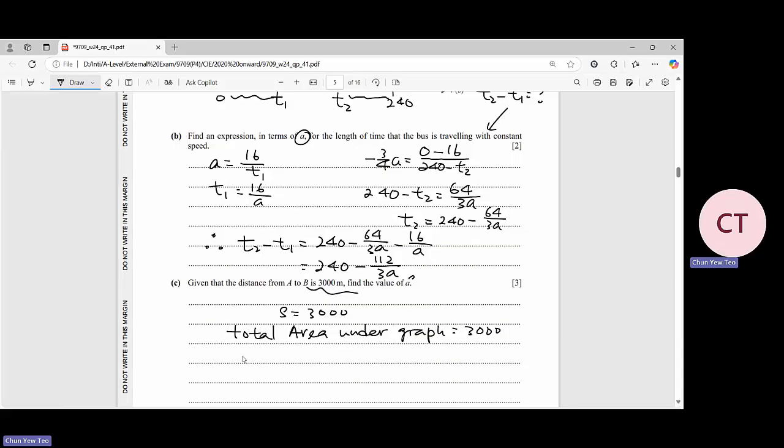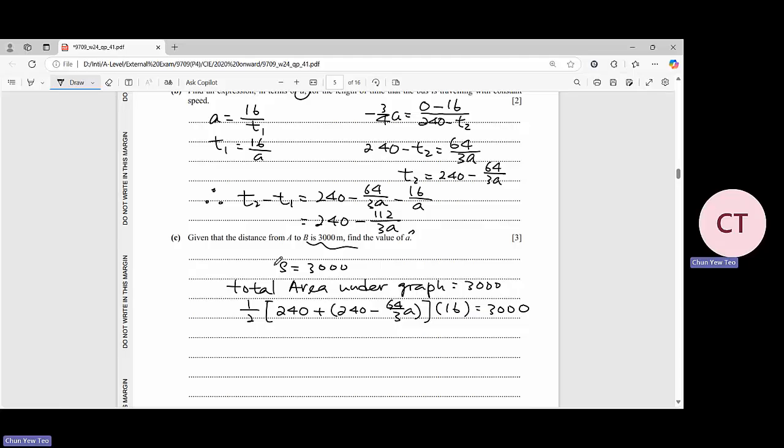So it will be half multiplied by the base, 240 plus the T2 minus T1, multiplied by the height, you get 3000.